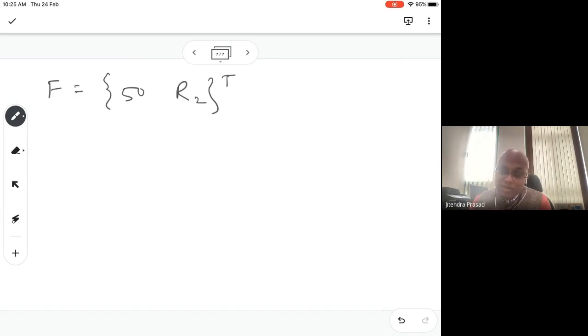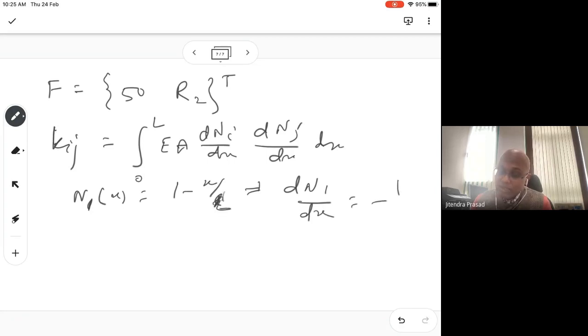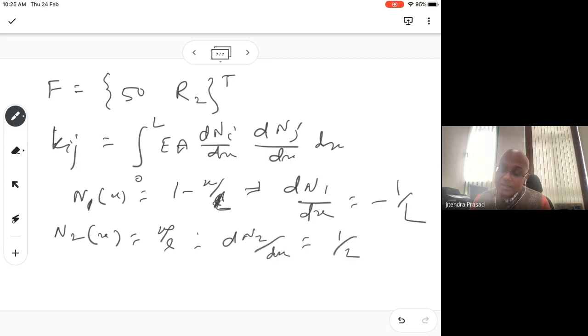And when you have only one, then Kij is equal to the integral from 0 to L of EA dNi/dx dNj/dx, where N1(x) equals 1 minus x over L. So that means dN1/dx equals minus 1 over, let it be capital L, and similarly N2(x) equals x over L, dN2/dx equals 1 over L, right?